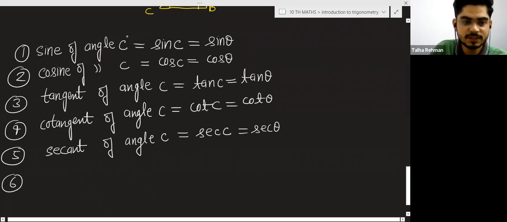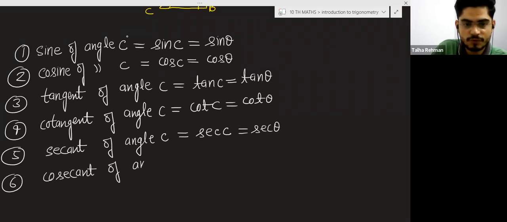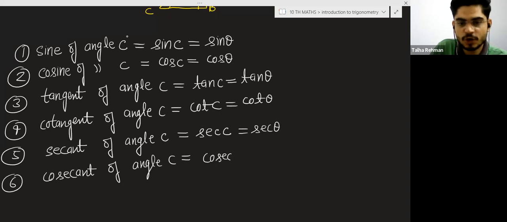And the last is cosecant of angle C, which in short you write as cosec C, or cosec theta.